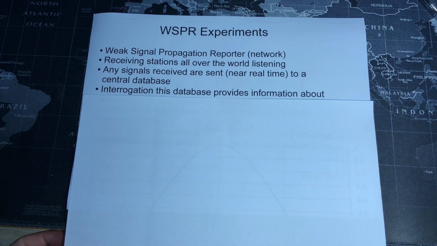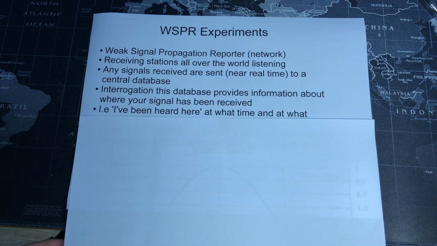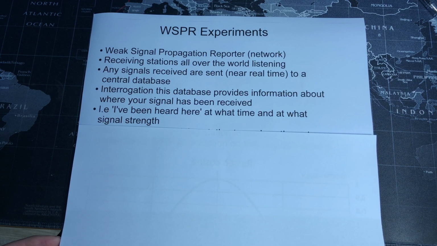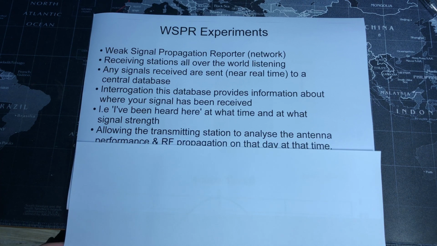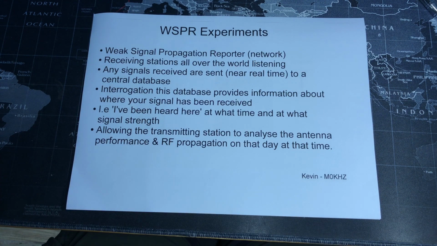And if you interrogate this database, it'll provide information about where your signal's been received, i.e. I've been heard here and at what time and at what signal strength. This allows the transmitting station to analyse the antenna performance and RF propagation on that day at that time. So that's a very brief explanation of Whisper.